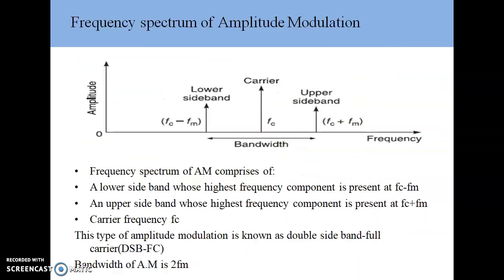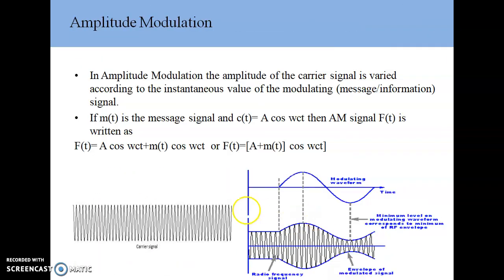And at the maximum peak, the amplitude of the amplitude modulated signal will be maximum. And during the negative peak, the amplitude will be minimum. Fine. So this is your information signal, a carrier signal, and your amplitude modulated waveform.